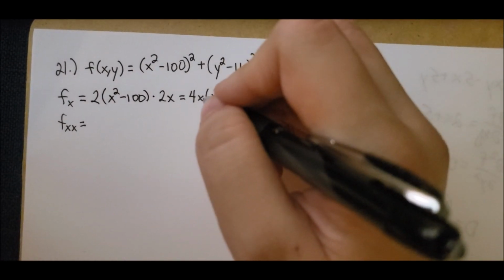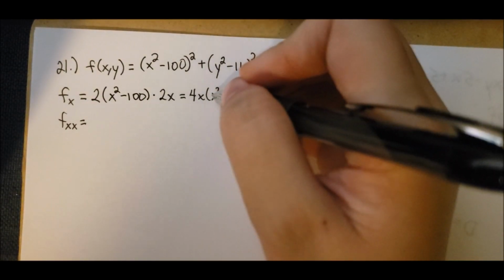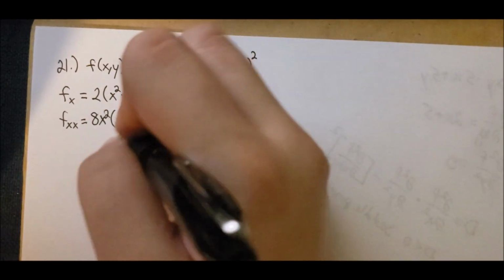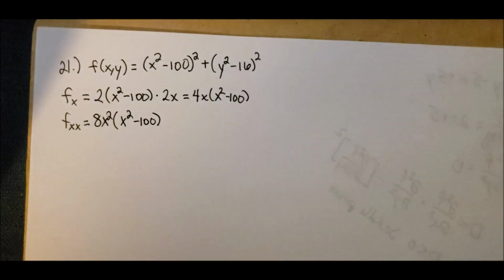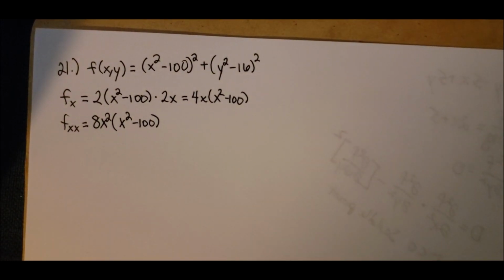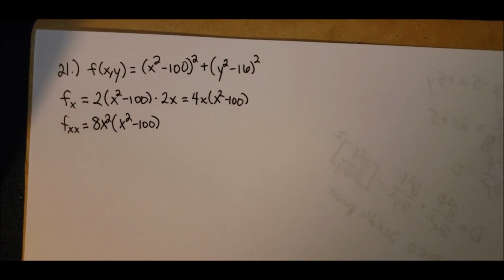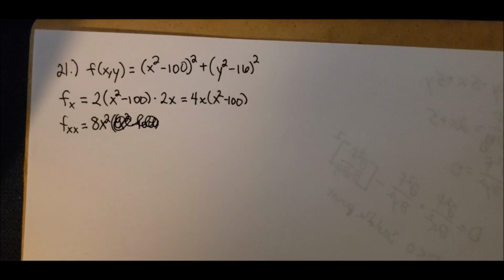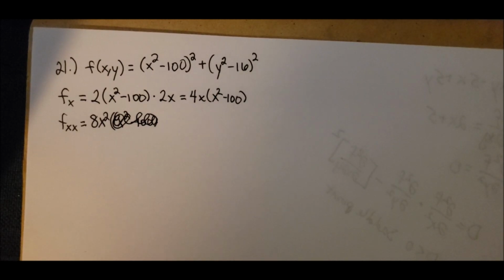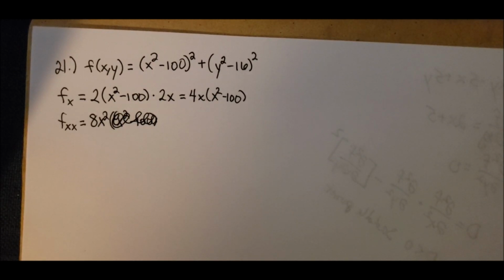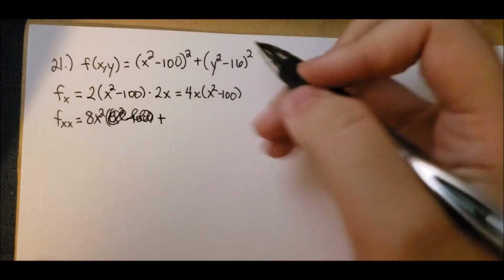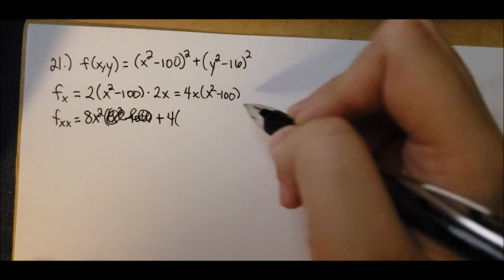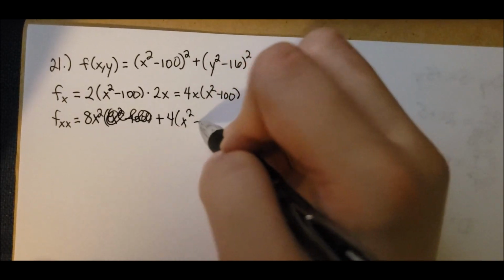So then the second derivative is going to be 8x squared plus 4 times x squared minus 100.